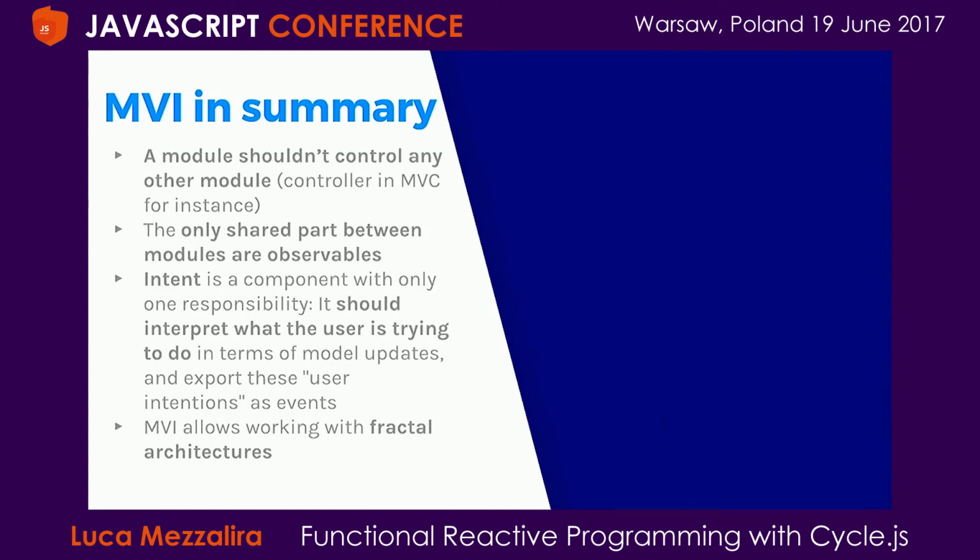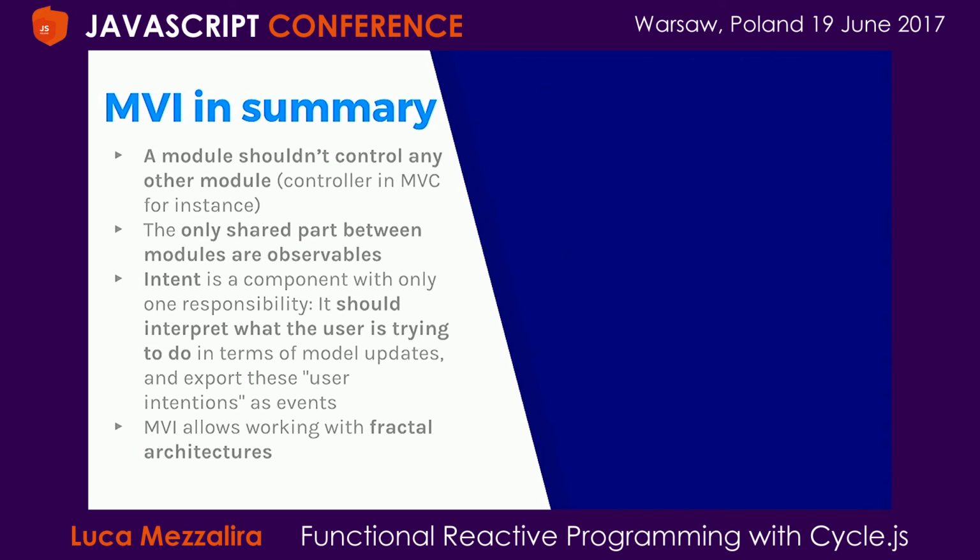So MVI in summary: a model shouldn't control any other module. We will see in a moment how the modules communicate with each other. The only shared part between the modules are observables. When I started this talk, I described the difference between interactive and reactive, so we are totally using the concept of reactivity.